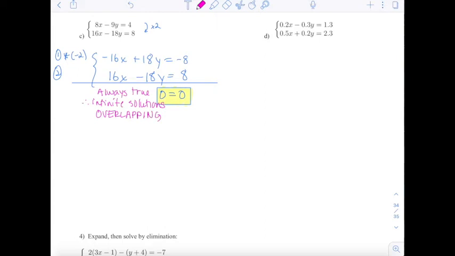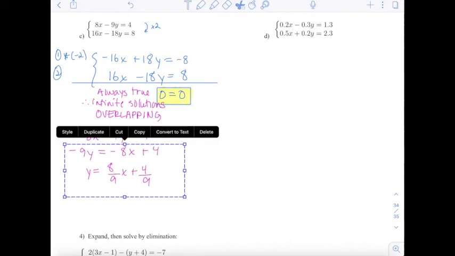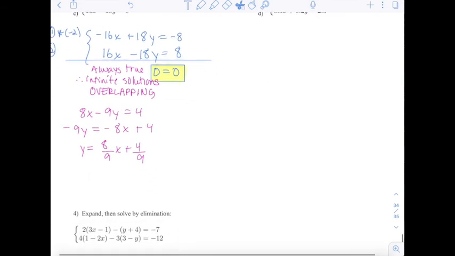In fact, if I were to look at this line, I can see that both of them are 8x minus 9y equals 4, or negative 9y equals negative 8x plus 4, y equals 8 over 9x plus 4 over 9. Well, why am I doing that? Because we know that when we have an overlapping system, what I'm supposed to do is give 3 sample answers.